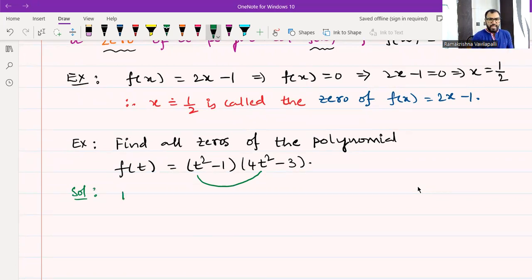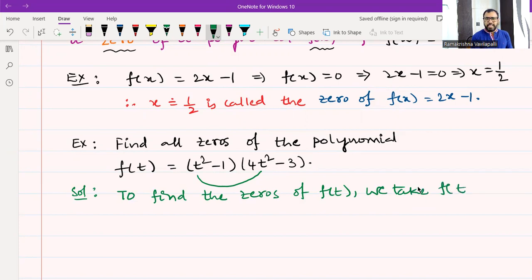So to find the zeros of f of t, we take that f of t equal to 0. For what values of t this polynomial will become 0.